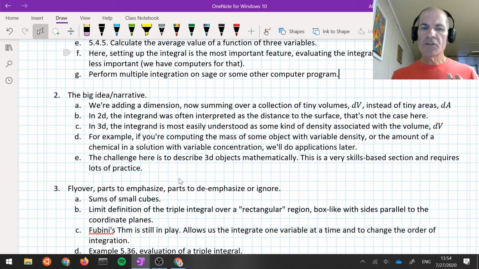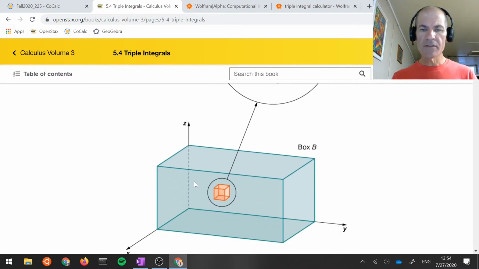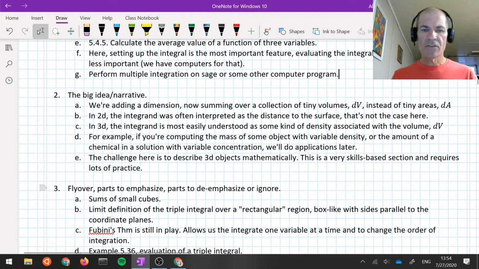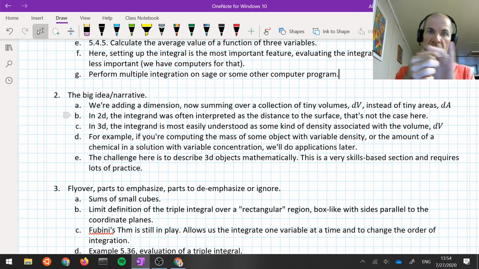In 3 dimensions here, the integral is now thought of as a sum of little cubes of volume instead of little squares of area. In 2D, the integrand was interpreted as the height of some column that was above this little patch in the domain of integration. That's not really what's happening now.